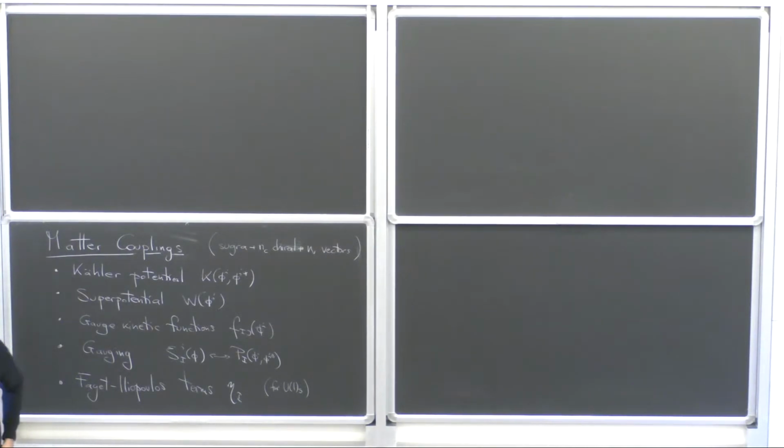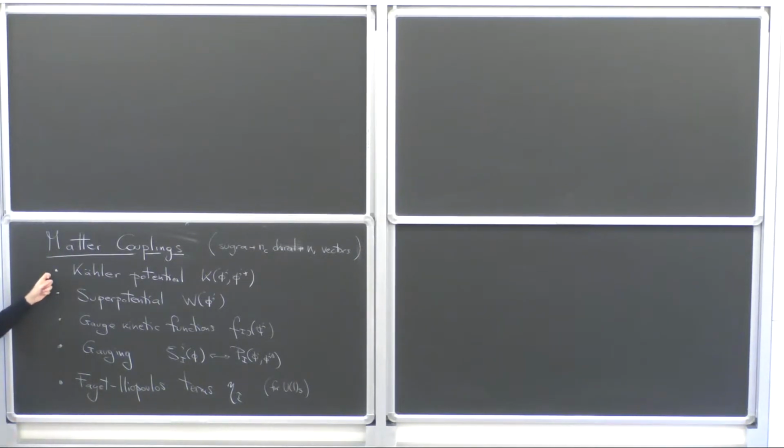So I said last time that if you want to specify a globally supersymmetric theory, then the theory is specified, of course, by the number of chiral multiplets and the number of vector multiplets. For the time being, we are not discussing tensor multiplets or any other kind of multiplet that includes matter fields of a different species.